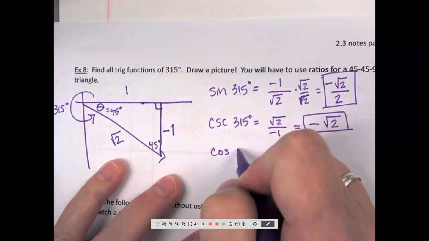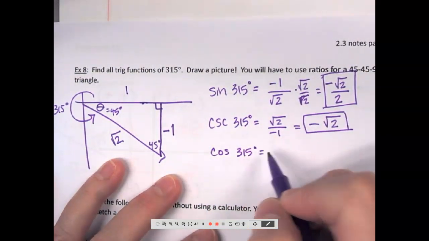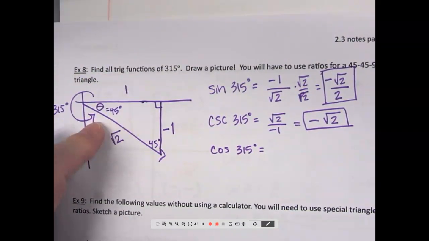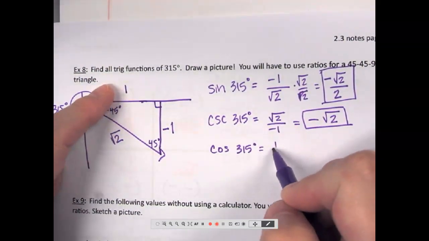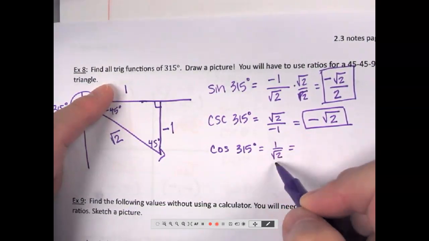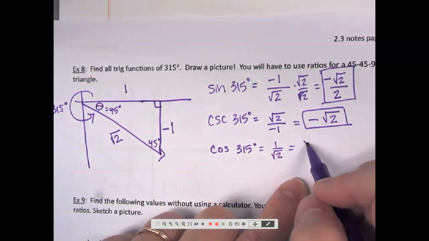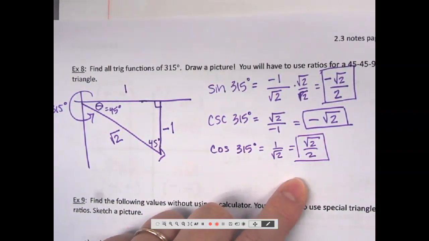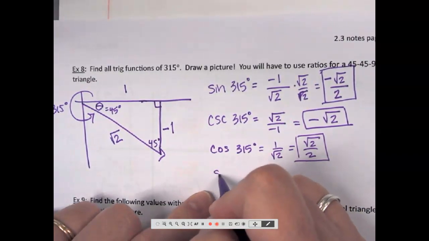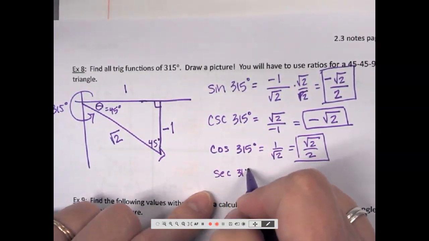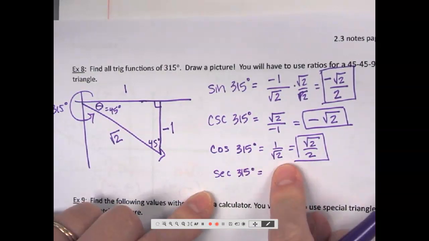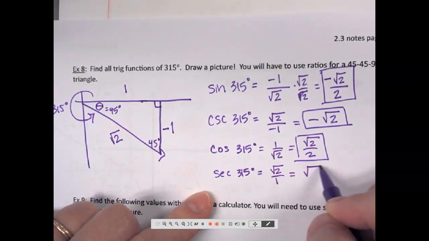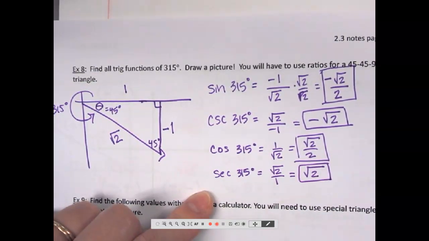Okay, cosine is adjacent over hypotenuse. Isn't it going to be the same fraction, but it'll be positive, won't it? So it's going to be 1 over square root of 2, adjacent over hypotenuse. Rationalizing that, I will get square root of 2 over 2. Secant is the reciprocal of cosine, so it's going to be square root of 2 over 1, which is just square root of 2.